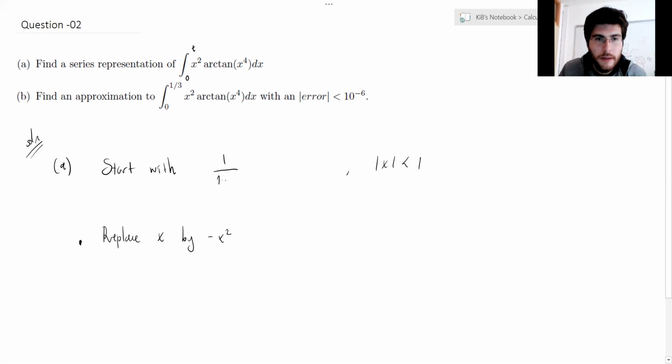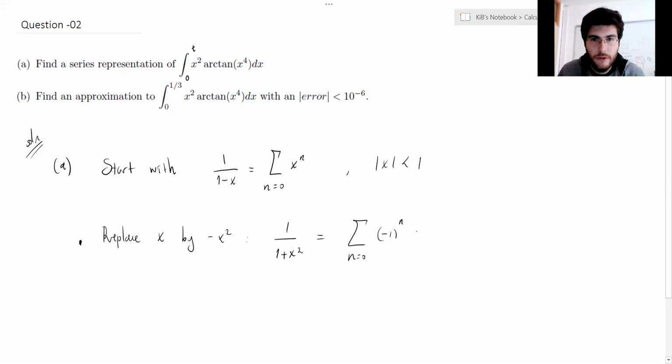So on the left-hand side, we have this expression, and on the right-hand side, n starts from 0 because of this minus.